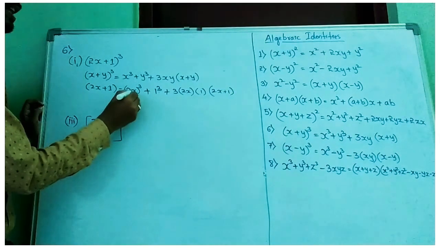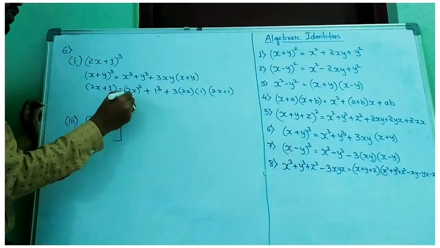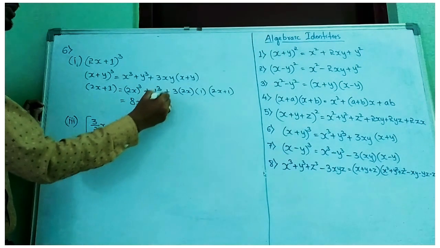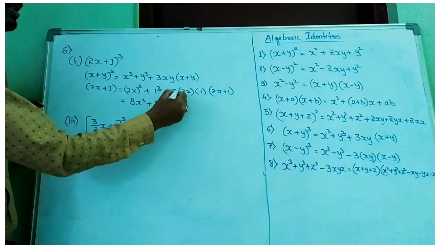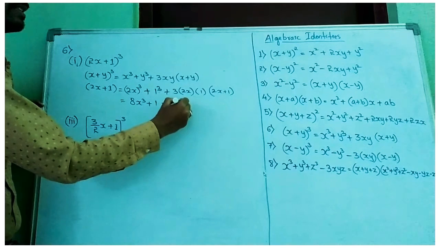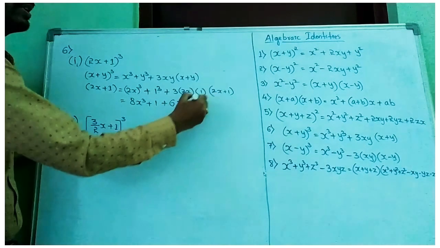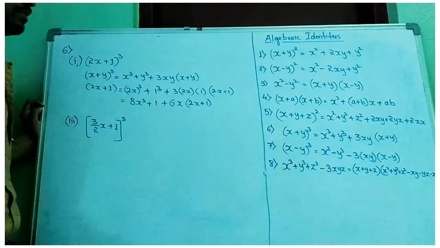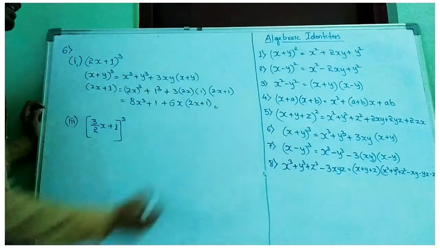So 2x whole cube is 2 2s are 4, 4 2s are 8, 8x cube plus 1 cube is 1, plus 2 3s are 6, 6 1s are 6, 6x. So we can't add, keep it like that only, 2x plus 1. Okay, so this is our final answer.